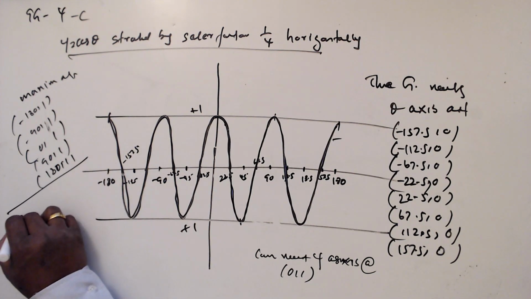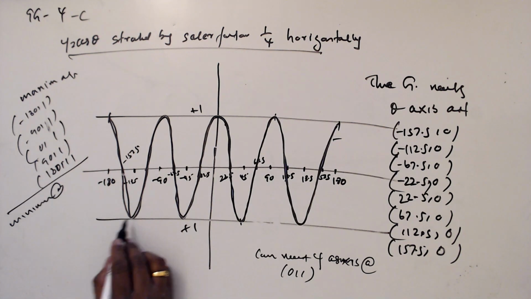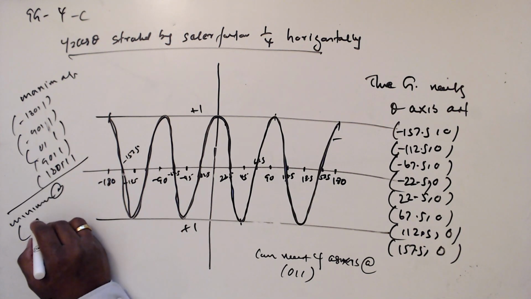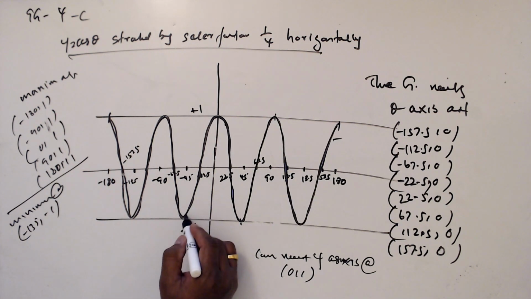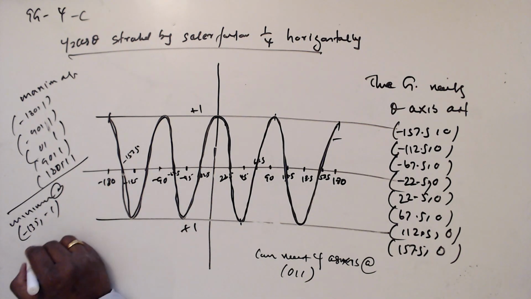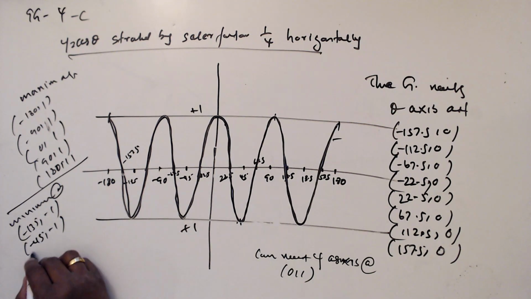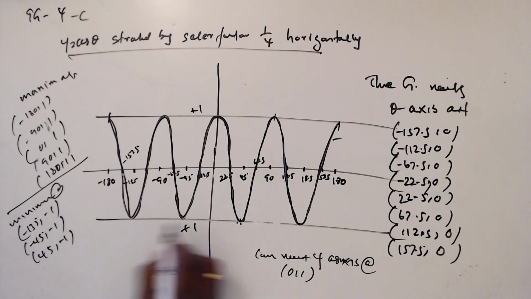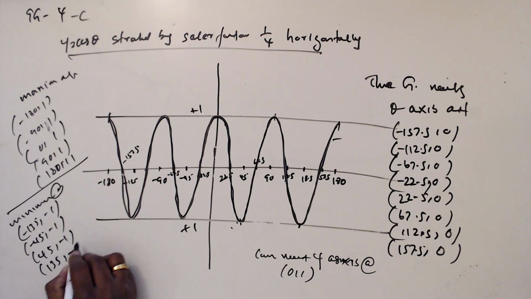Then the minimum at this one, minus 135, minus 1, then minus 45, minus 1, and then 45, minus 1, and then this one 135, minus 1.